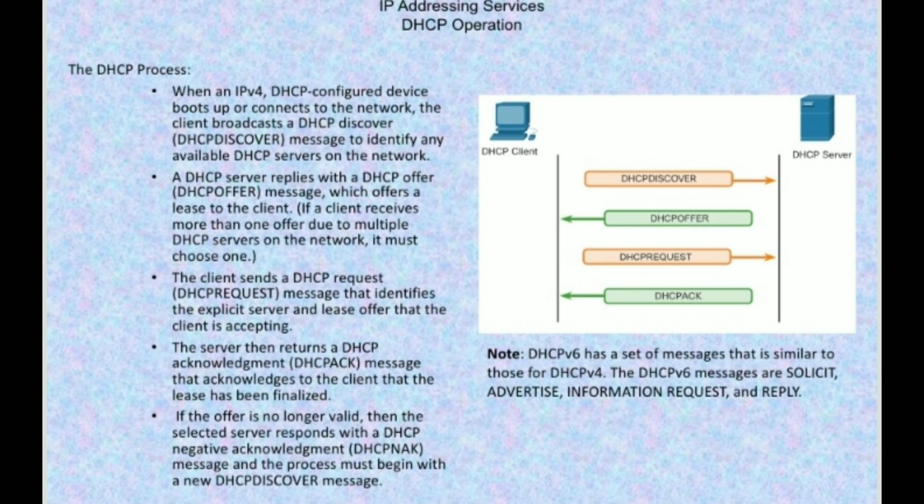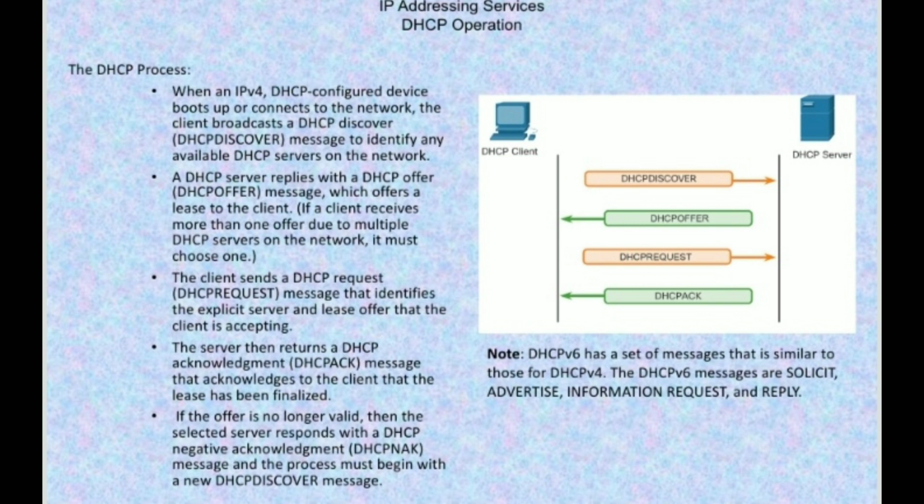The DHCP process. When an IPv4 DHCP configured device boots up or connects to the network, the client broadcasts a DHCP discover message to identify any available DHCP servers on the network. A DHCP server replies with a DHCP offer message, which offers a lease to the client.